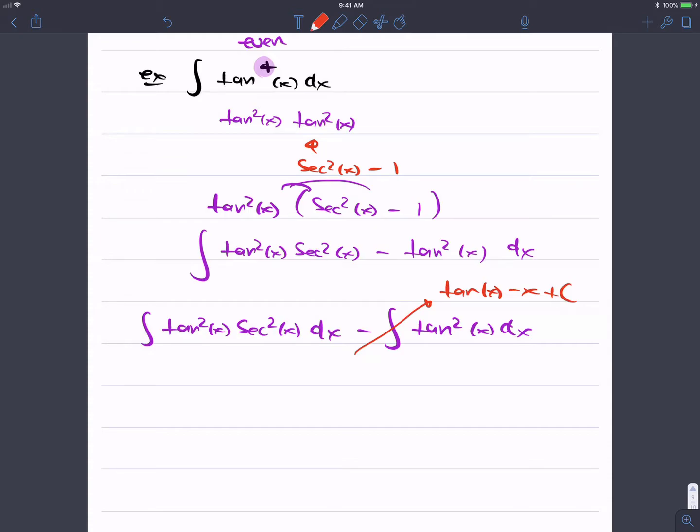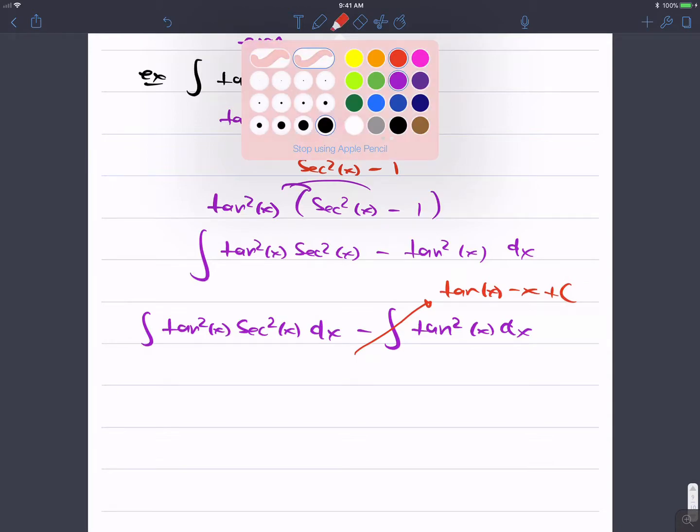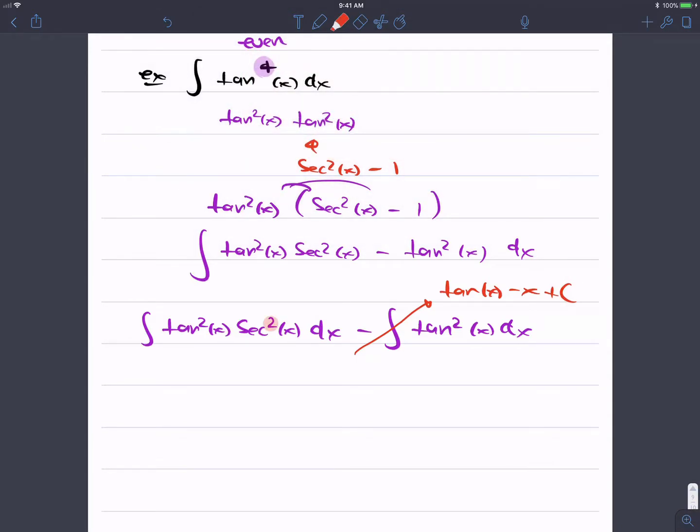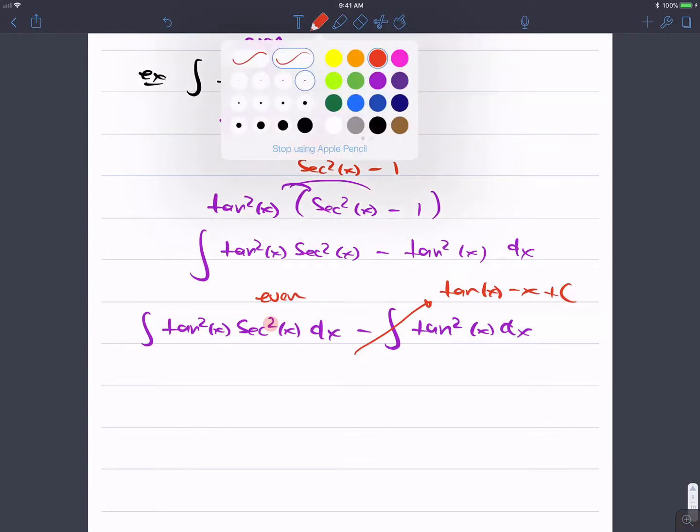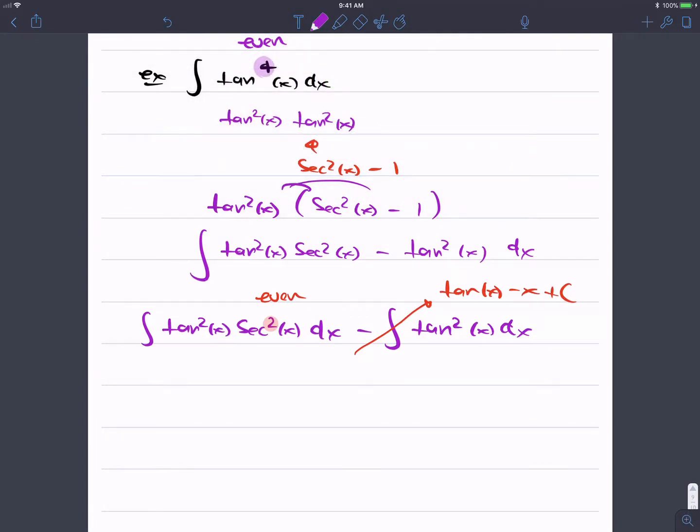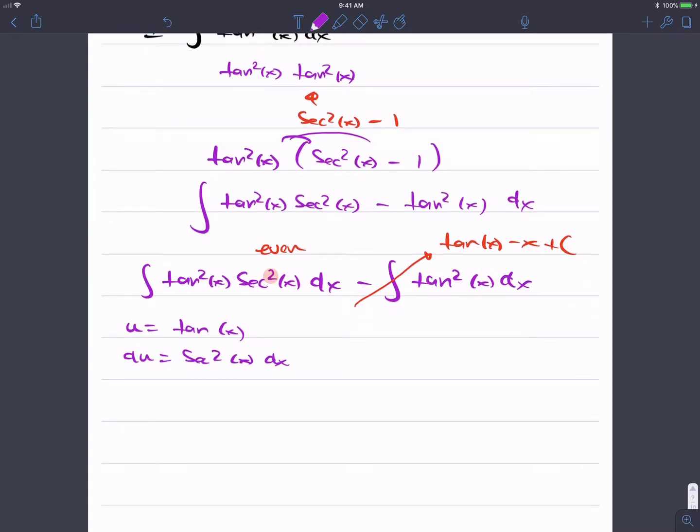Since we notice here as well that my power for secant is even, by our u-substitution we're again going to let u be tangent, which means the derivative of tangent is secant squared, or we can say simply that dx becomes du over secant squared.